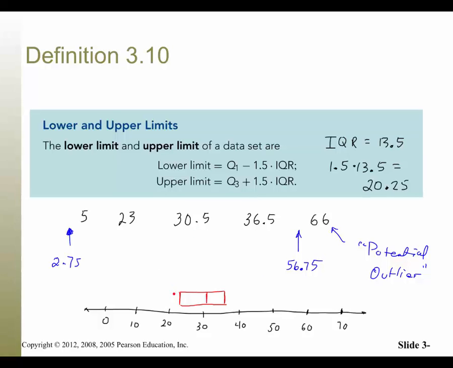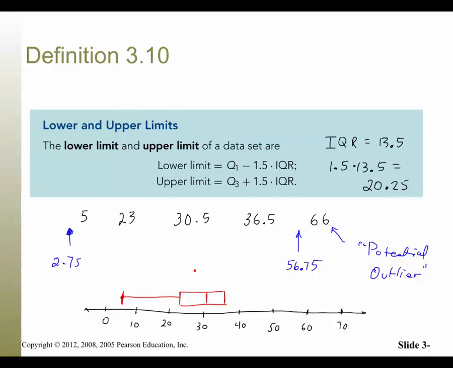So at the bottom, it won't go to the lower limit because our minimum is greater than that. So we're going to use the actual minimum to show that value there. So we do a line like this at 5.